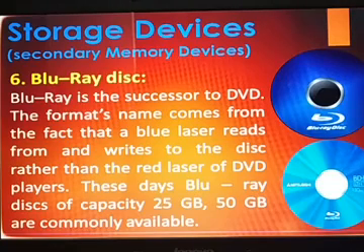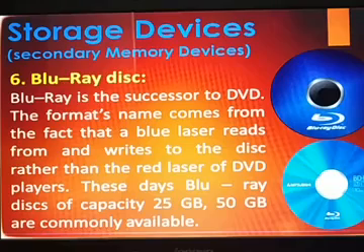The blue laser has a shorter wavelength, that is 405 nm, than the red laser, that is 650 nm, used in DVDs. The shorter wavelength of Blu-ray makes it possible for data to be packed more tightly and stored in less space. So it is possible to fit more data on the disc even though it is the same size as a CD or DVD.